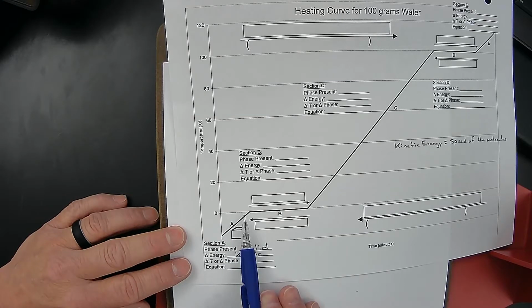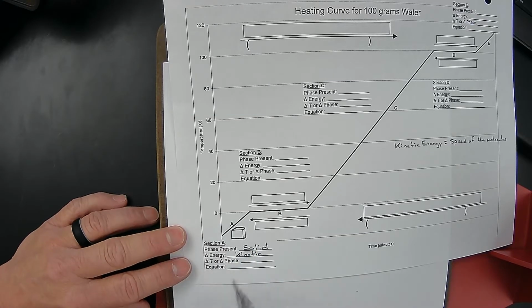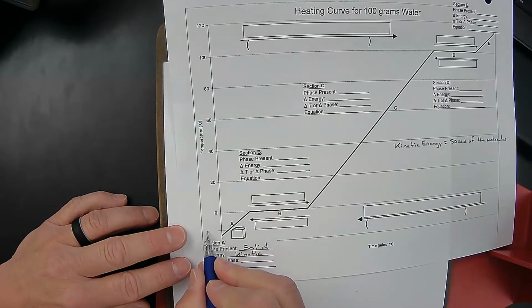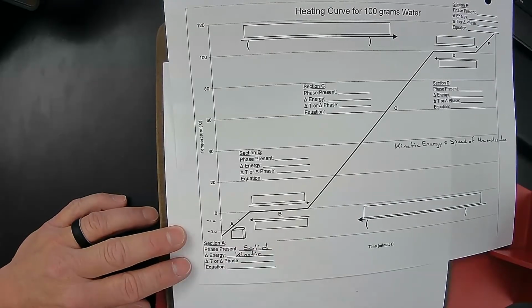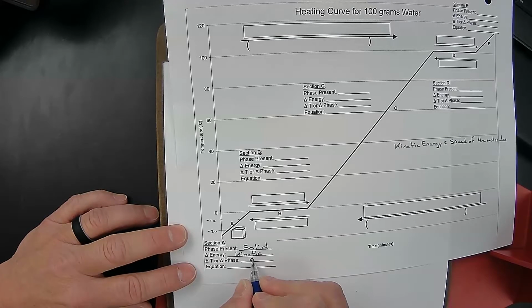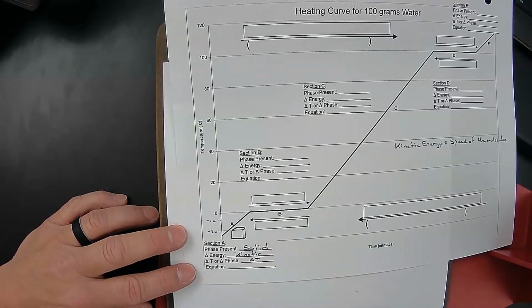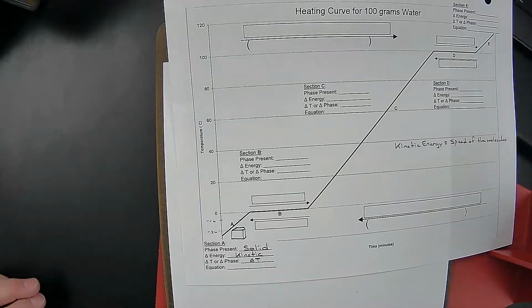In this case, you can see the temperature would be changing. We might start at negative 20 here and then move up to only negative 10. So here we have a change in temperature. And later we will work on the equation that we're going to use during that section.